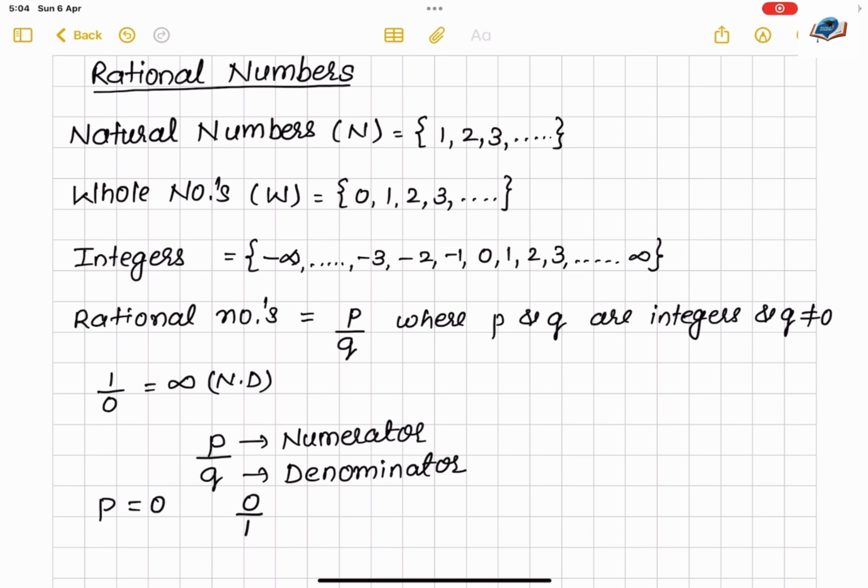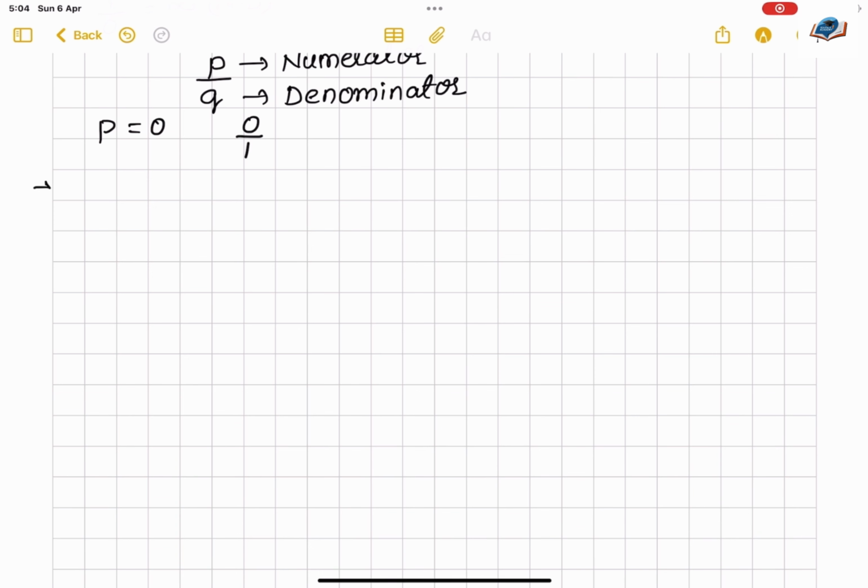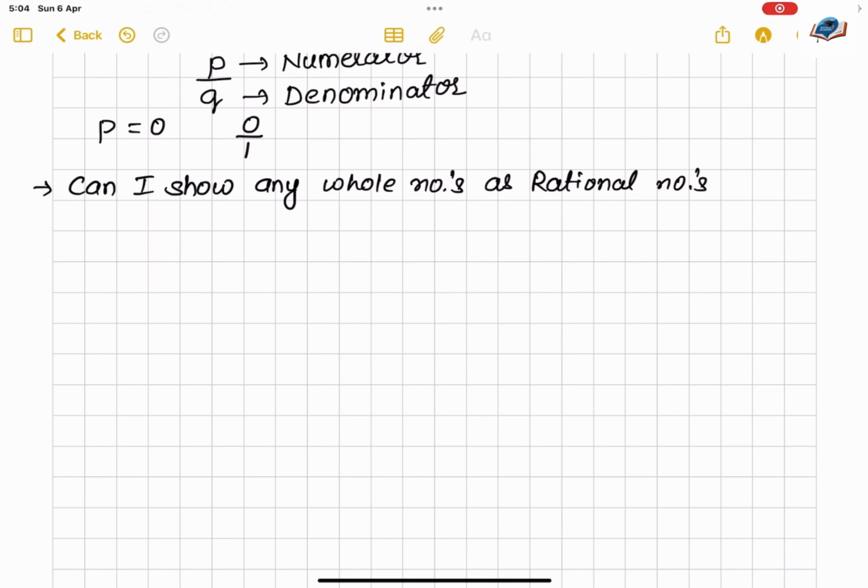Now one basic question comes: can I show any whole numbers as rational numbers? It is asking us to justify that.